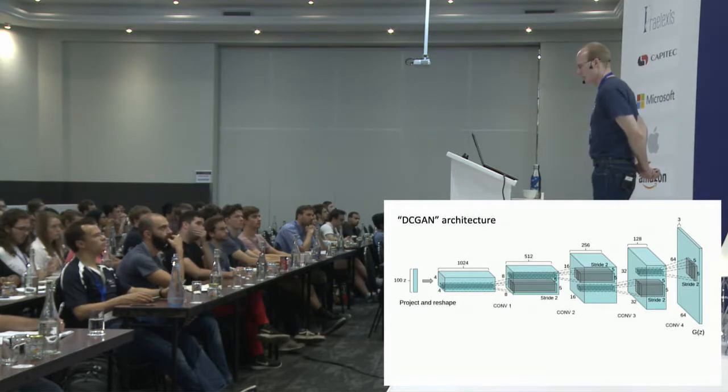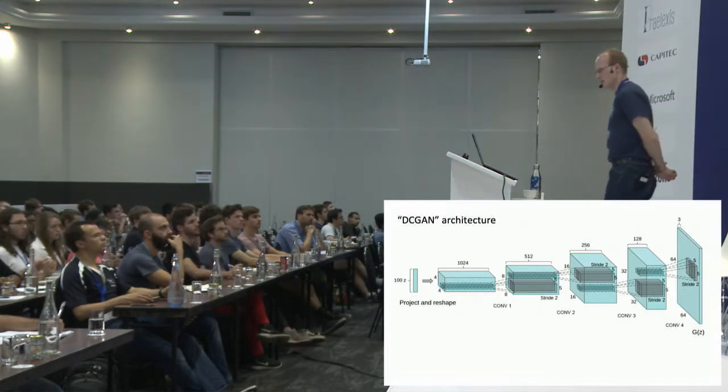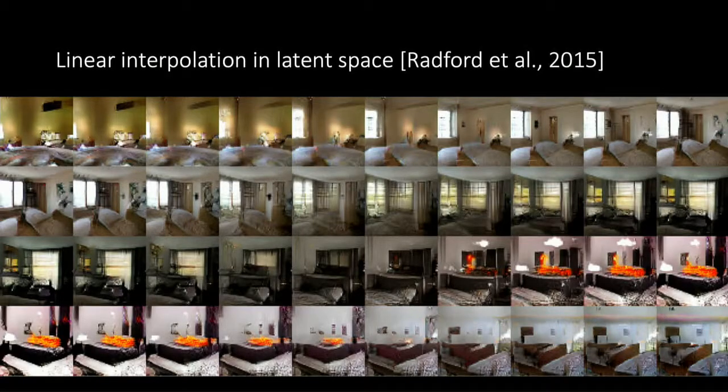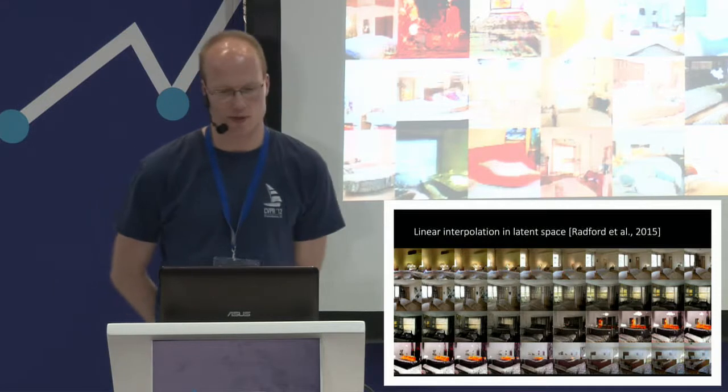Now the interesting thing is, if I show you this as the output of the model, there should be an immediate question: this is a large neural network, did it not just remember all of these training images? I mean, they look really nice, but did it not just remember them?